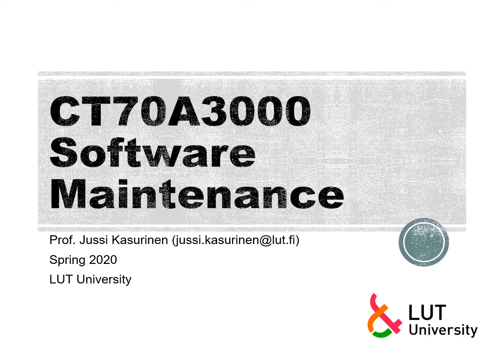So today's software maintenance course topics are version control and software product line approach. Basically things which are usual in all types of projects, and the software product line approach, which is more or less usual if we are talking about large multinational multi-product families of software.